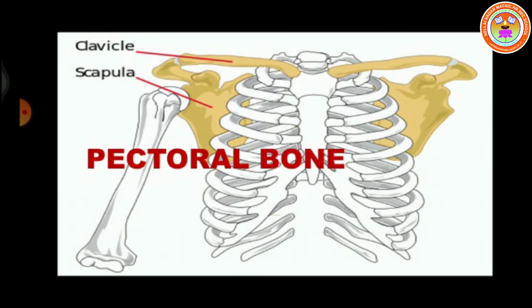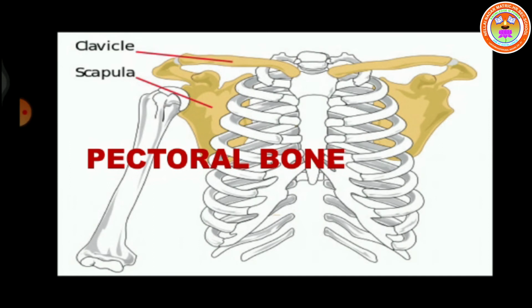Now here you are seeing the pectoral bones or shoulder bones. The shoulder bone is formed by the collarbone at the front and the shoulder blade at the back. Here you can see the yellow shaded part. The long part is called collarbone, and the triangular shaped structure is called shoulder blade.